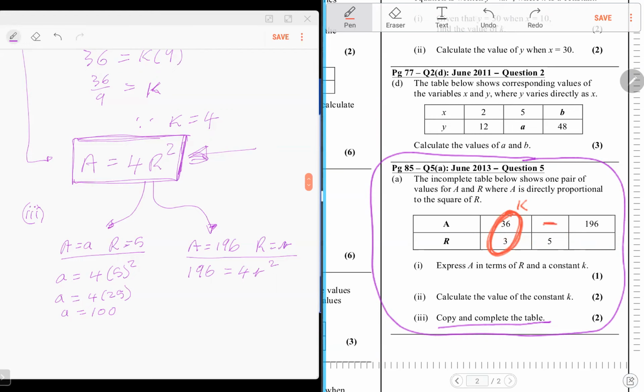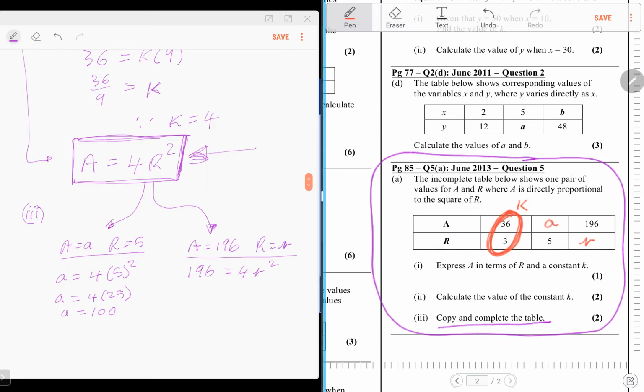This value that we don't know is the A value when the R value is 5. This value is the R value when the A value is 96. That is all. So to reference it, I call them letters. I call this value A, I don't know what it is, and I call this value R.